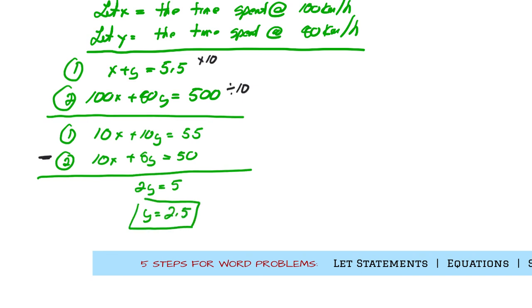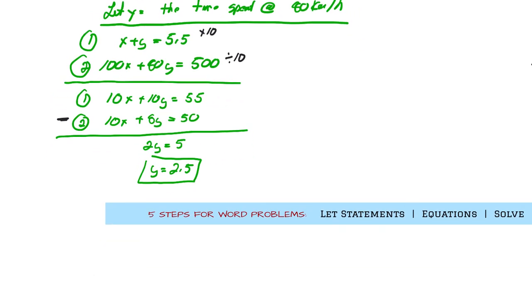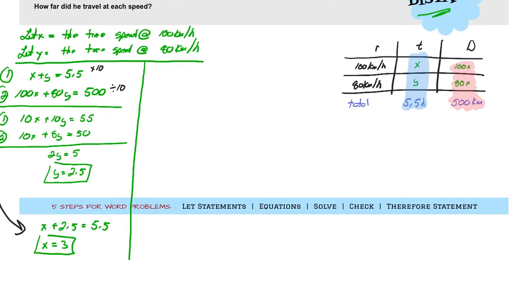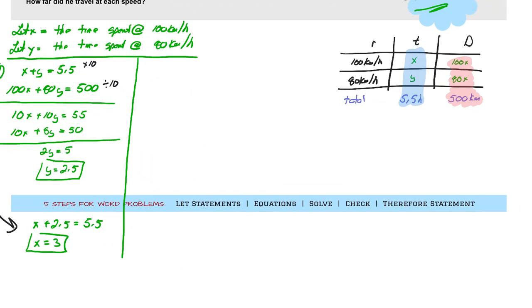And then I'm going to take that, and I think what I'll do is go back to my original first equation to solve for x. So it's x plus 2.5 equals 5.5, and hopefully you can see that x equals 3. So I made short work of finding my variables, and I'm going to check 3 and 2.5.